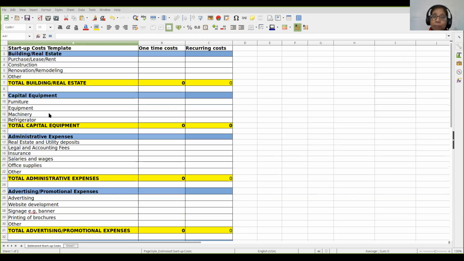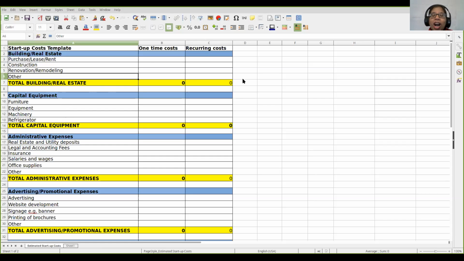And of course, not all of the sections would be relevant for you or for your business idea. So it's not necessary to complete each one of these line items, right? It's whatever is applicable for your business idea that you will be able to populate on the template.